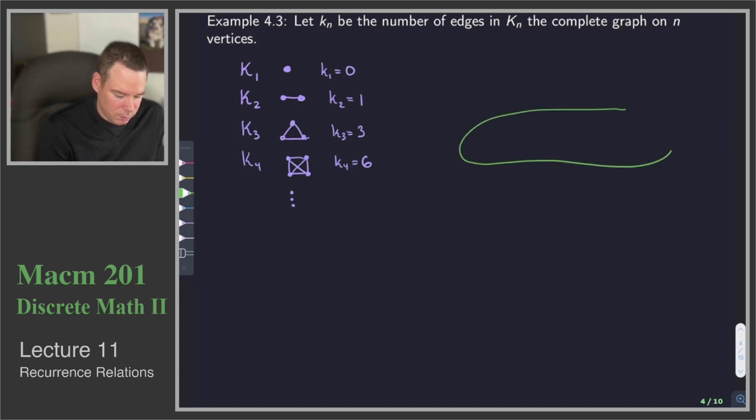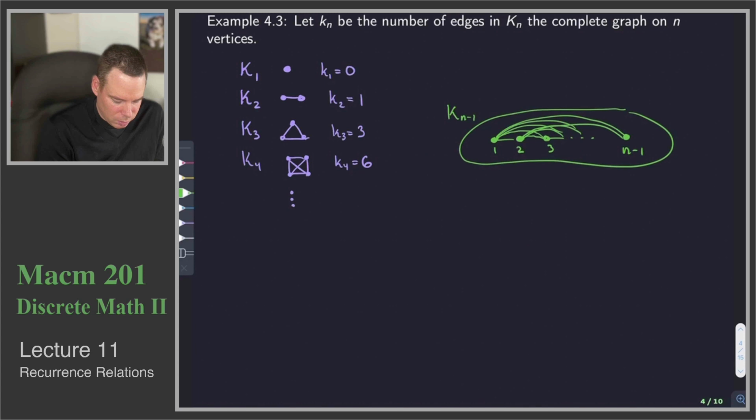Let's think about k sub n minus 1, the complete graph on n minus 1 vertices. So it looks like this. There's our n minus 1 vertices, and then we've got edges that connect everything. And then 2 would connect to everything as well.